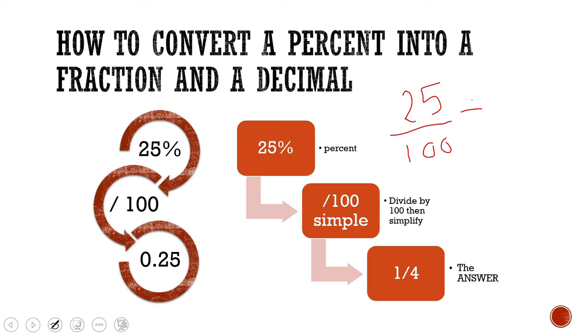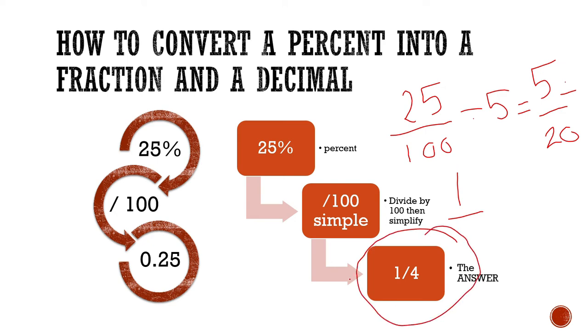When I divide by 5, it will equal 5 over 20. Is that the last form? No, I can divide again by 5. So 5 over 20 will equal 1 over 4, so that's the answer.